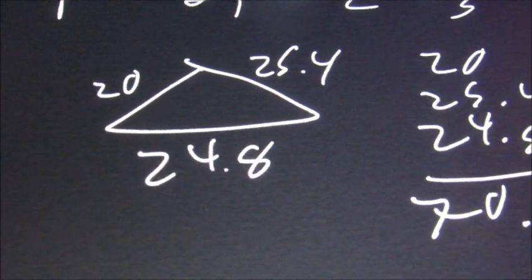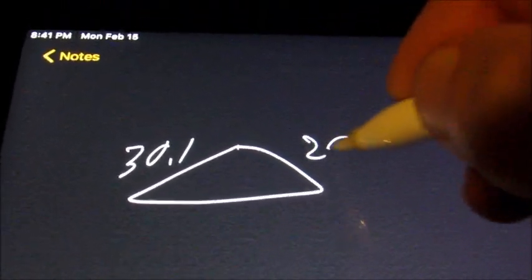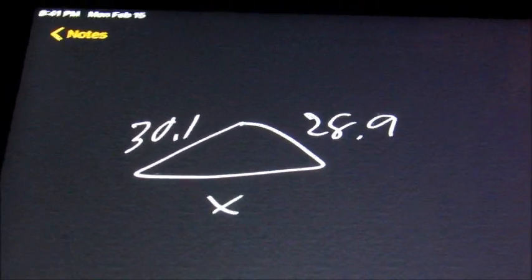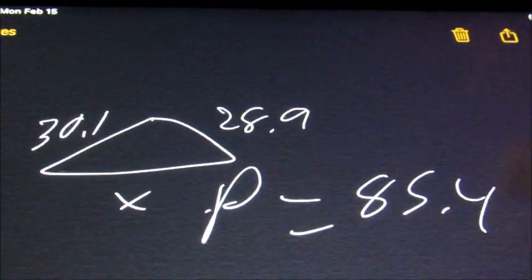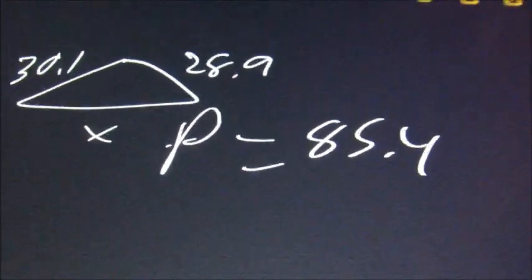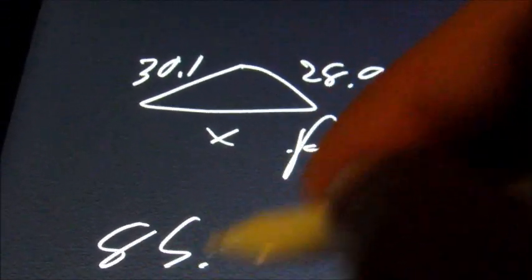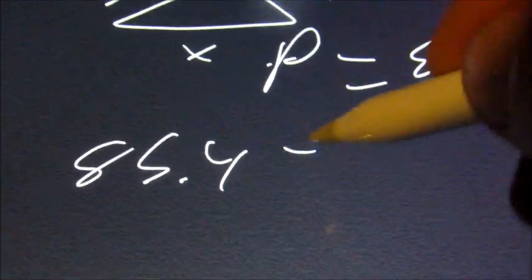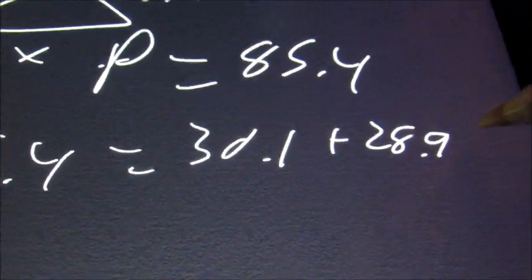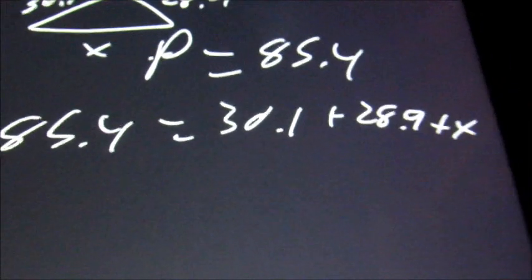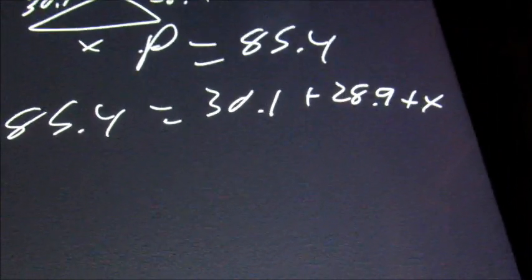You could also be given one like the one that we did with the area, where we're given that one side is 30.1, one side is 28.9, but we're not given the third, but the perimeter equals 85.4. So we're just going to say 85.4 equals 30.1 plus 28.9 plus x. And we're going to solve just like we did before.